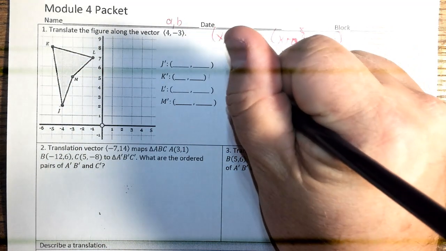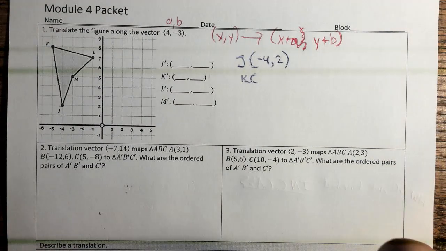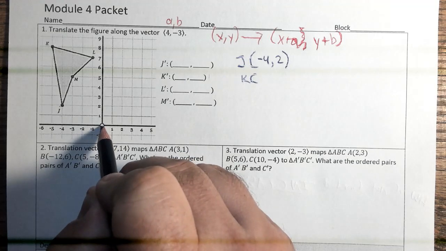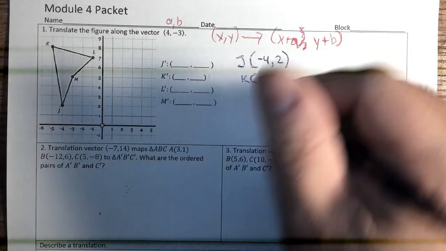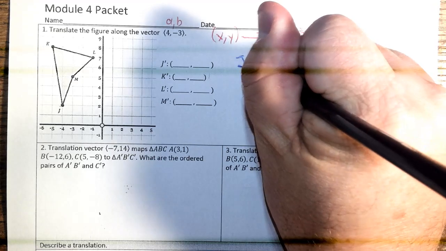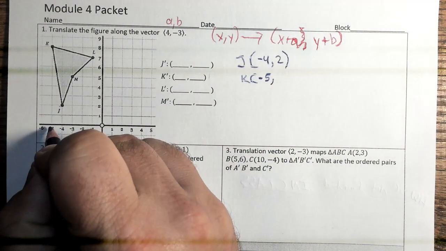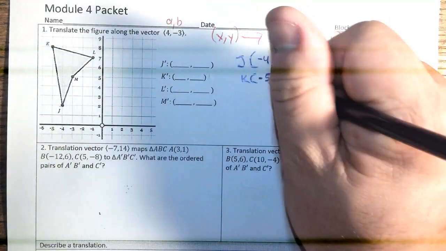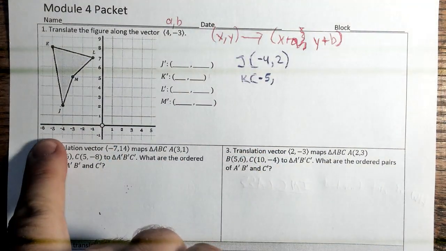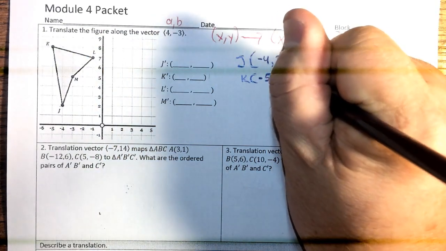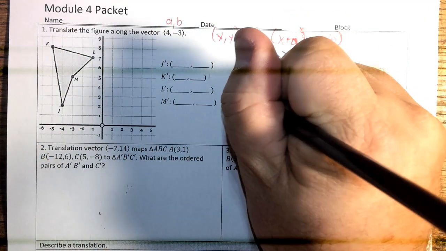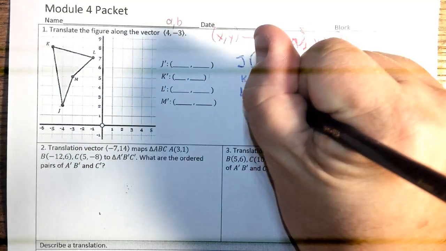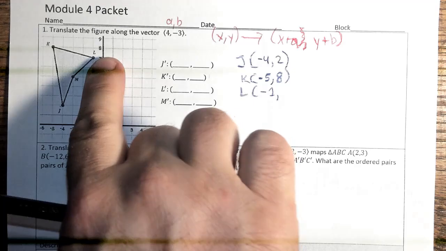All right, so K. K, the x is -5, and then up here the y is 8. Find it on the x axis, find it on the y axis. Hope that made sense. I'll do it a couple more times. So L. L is x is -1, and y is 7.